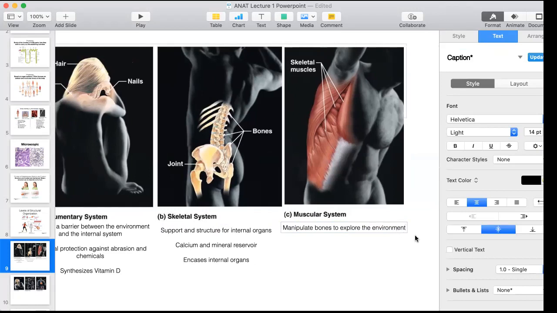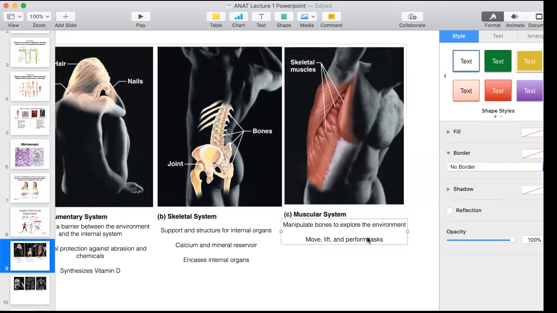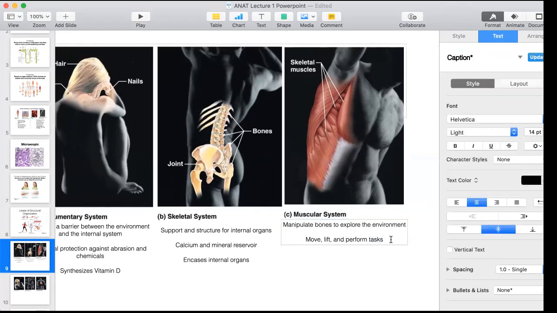And it also allows us to move, lift, and perform tasks. So for example, this allows you to do things like, okay, I need to pick up this rock in order to, I don't know, go into a cave. But it allows us to perform tasks as well.